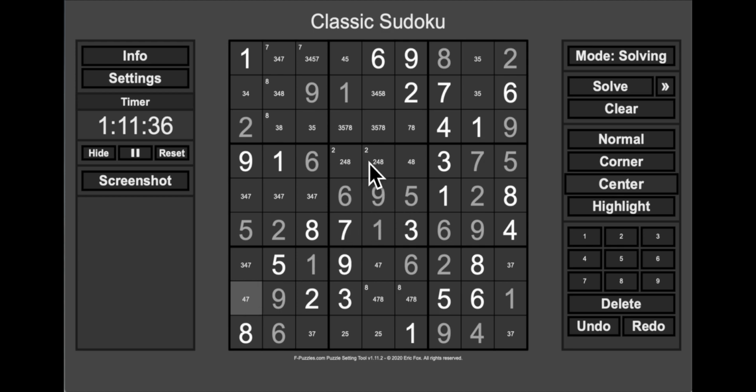Okay. This can't be 3, and neither can... Well, no, these aren't 3. So a 3 in this column definitely goes in one of these two cells. Now, all that tells me is that's not 3.